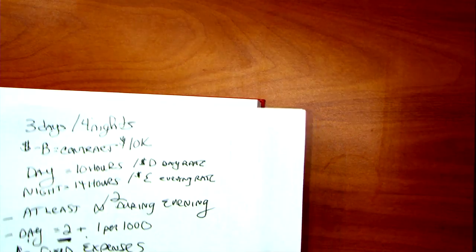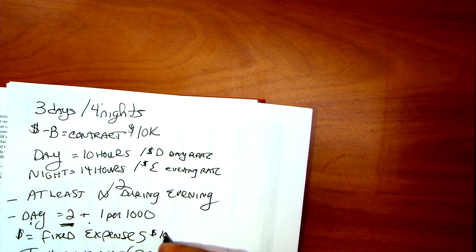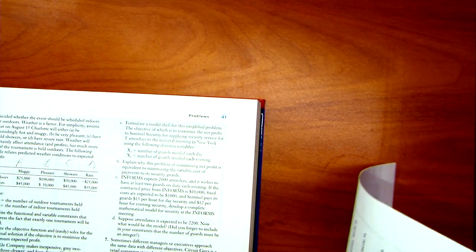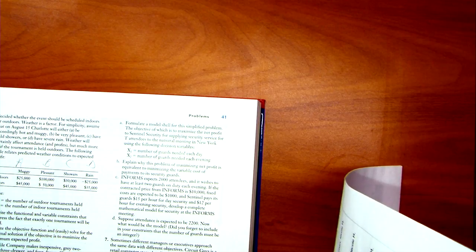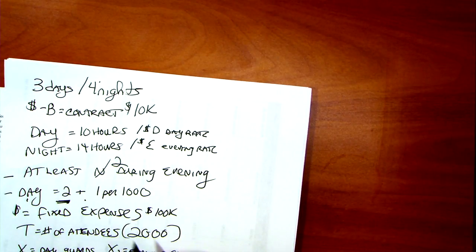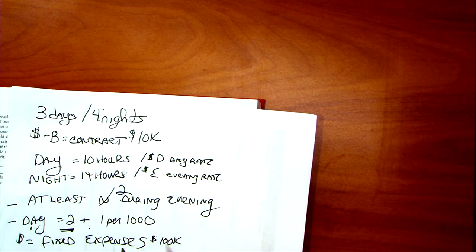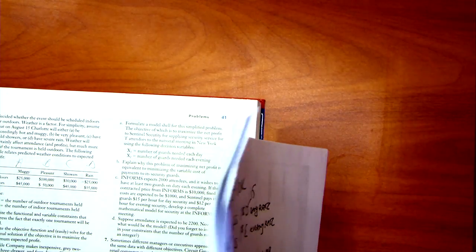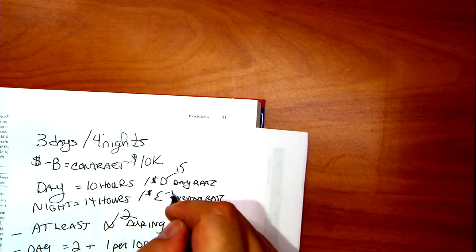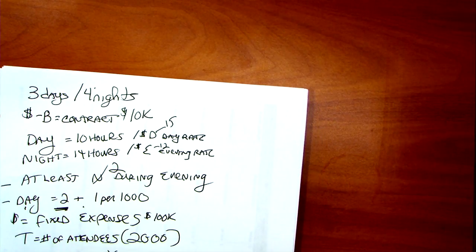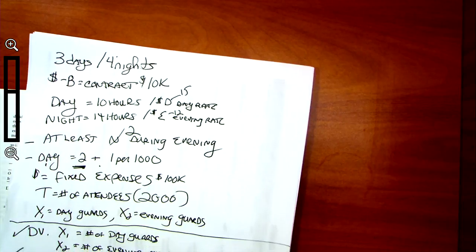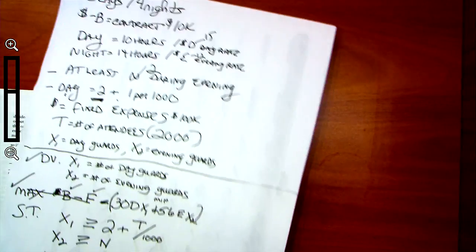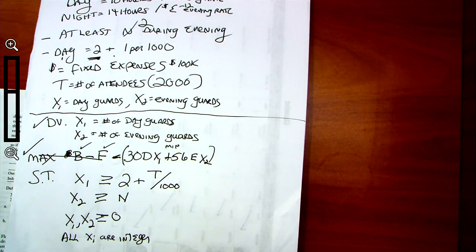Fixed expenses is 1,000K. It says we pay our day guards $15, so D is 15, and we pay our evening guards 12. So all we're really doing is taking what was a model shell and plugging in what we know.